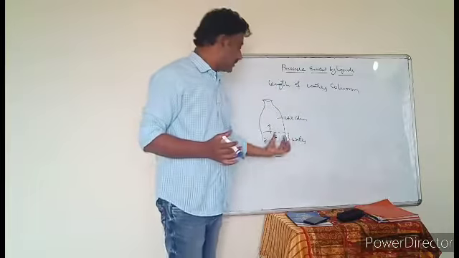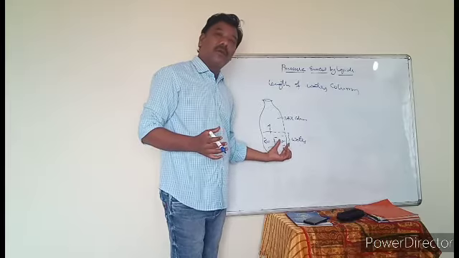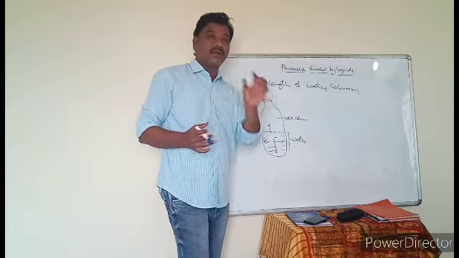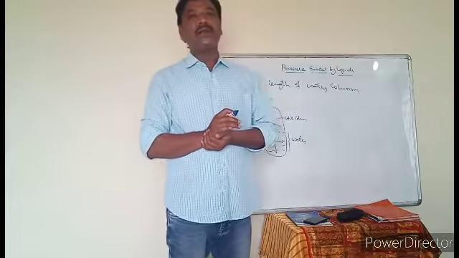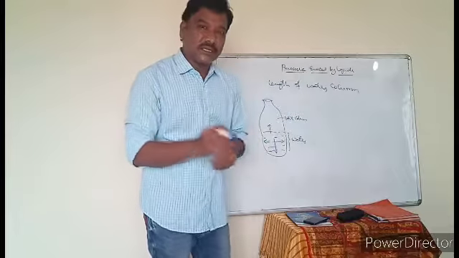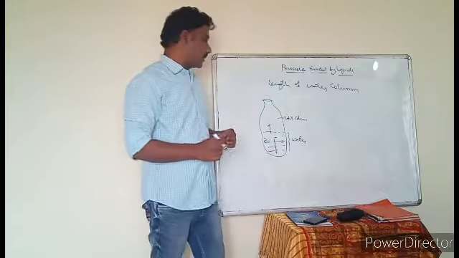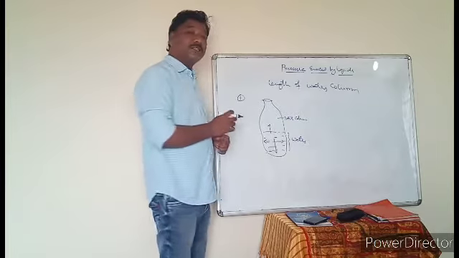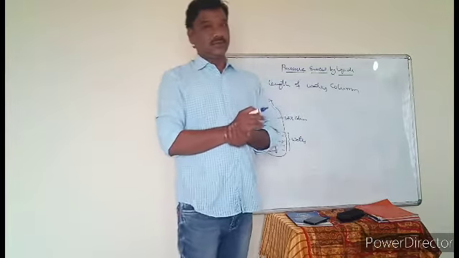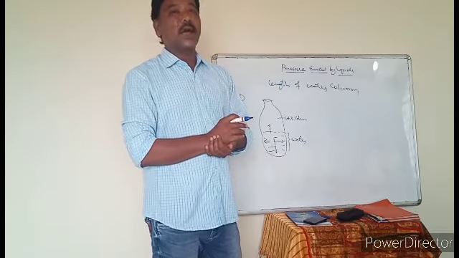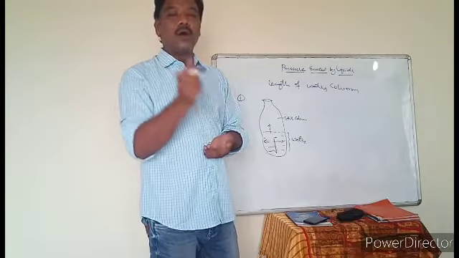To understand this concept, we have to perform some different types of simple activities, and also let us discuss some simple examples. For example, the first one: liquids exert pressure in the upward direction. How can we prove that?